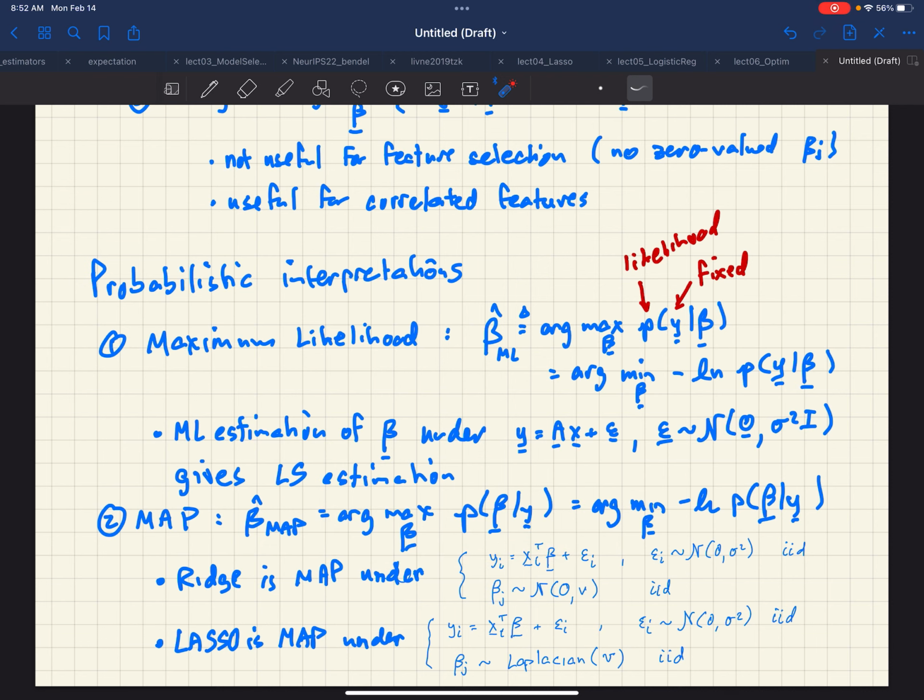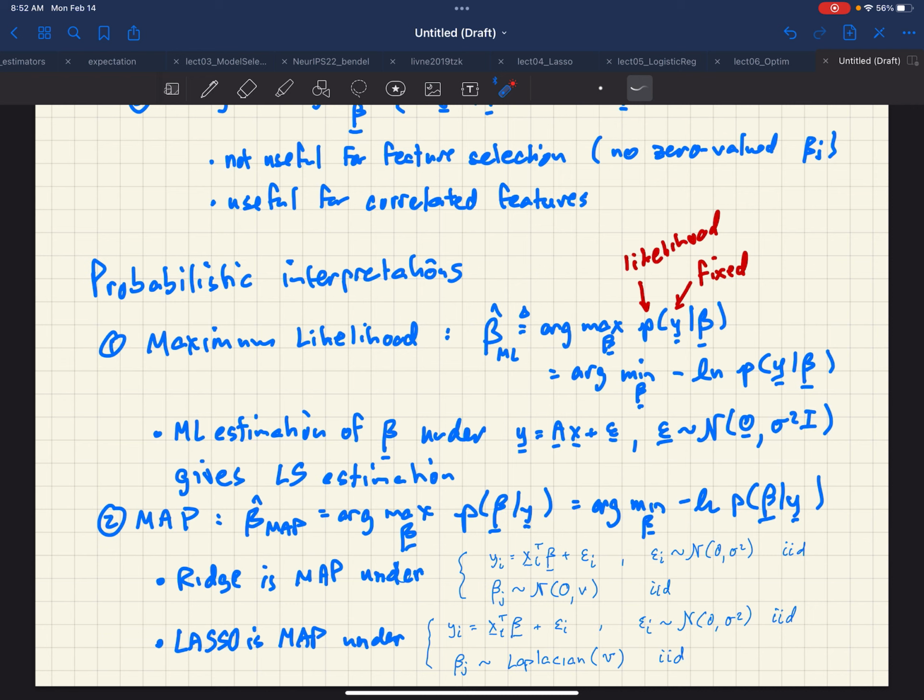What is the optimal beta, optimal according to this metric? You could say this is finding the most probable beta, whereas this is finding the beta such that the y's you received are the most probable. You're adjusting the model so that the y's you achieved are most probable. So it's like you're moving the model around until the peak occurs at the data you observed.